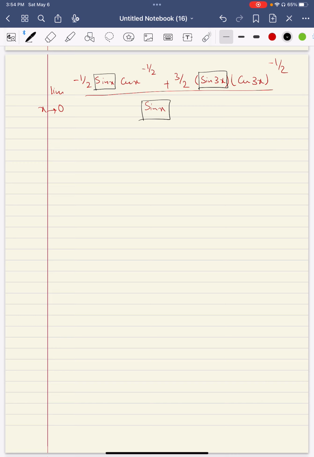So what I'm just wondering is what would be the result for sine 3x over sine x. Why? Because I want to cancel out these two somehow. And I'm pretty sure that these two are not the same because this is x and this is 3x. So I'm just wondering how I can cancel out these two.